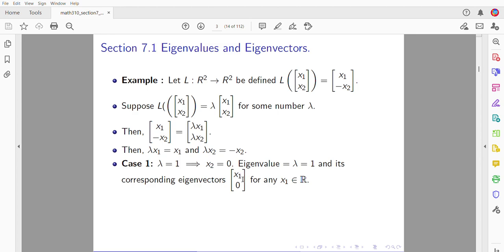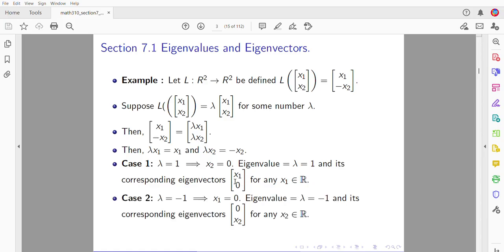Then lambda equals 1 is an eigenvalue and this is the corresponding eigenvector. Another case, lambda equals negative 1, in which case the second will be satisfied, but the first will be satisfied only if x1 is 0. So lambda equals negative 1 is an eigenvalue, and the corresponding eigenvector is when x1 is 0. So you see, you got two different eigenvalues and two different linearly independent eigenvectors.